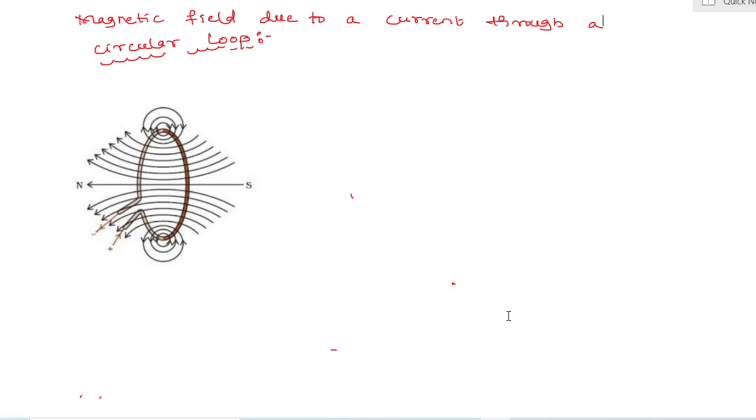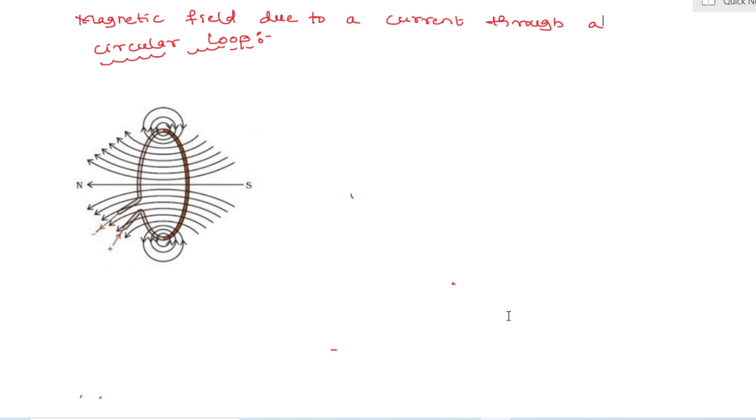Third, they are crowded near the poles where the magnetic field is stronger and separated far from the poles where the magnetic field is weak. Fourth, field lines never intersect with each other. If they did, that would mean there are two directions of the magnetic field at the point of intersection, which is impossible.